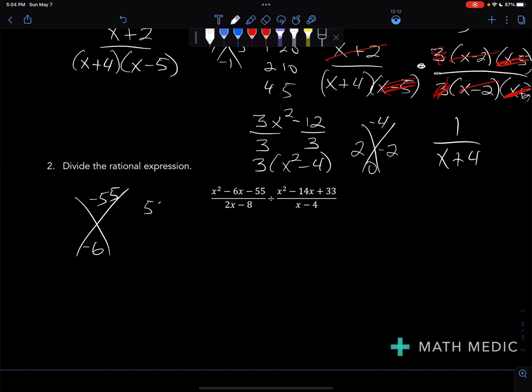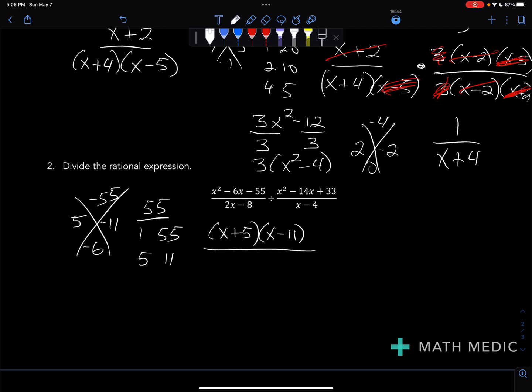Factors of 55 are 1 and 55, 5 and 11. 5 and 11 are 6 apart. The B term down here is negative, which means the bigger number here has to be negative. So this numerator factors to x plus 5, x minus 11.